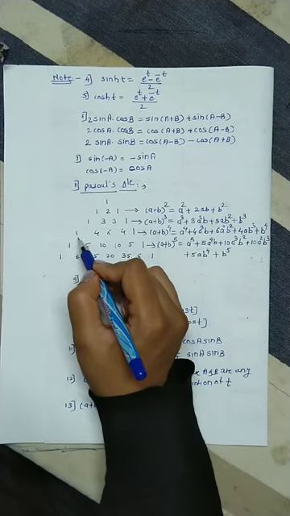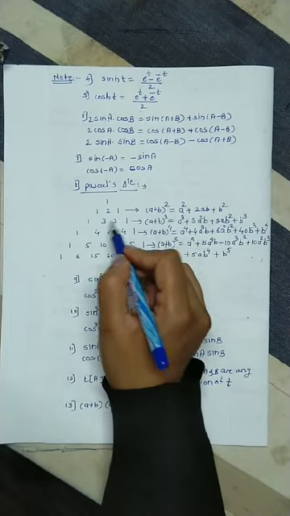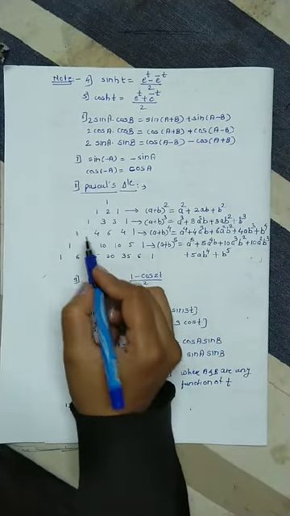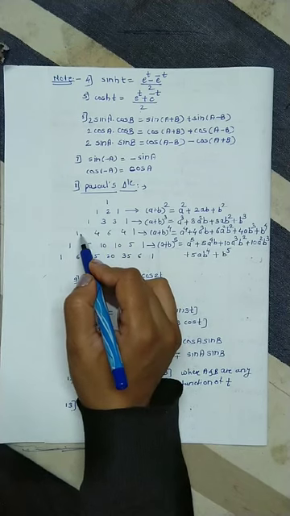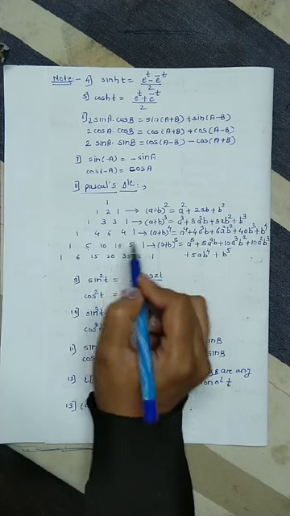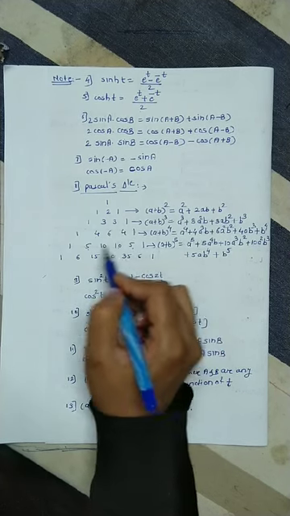Now again this is 1, 3 plus 1 is 4, 3 plus 3 is 6, 3 plus 1 is 4, and the last one is 1. Again go on adding those numbers: 4 plus 1 is 5, 6 plus 4 is 10, 6 plus 4 is 10 again, and 4 plus 1 is 5, and the last one is again 1.